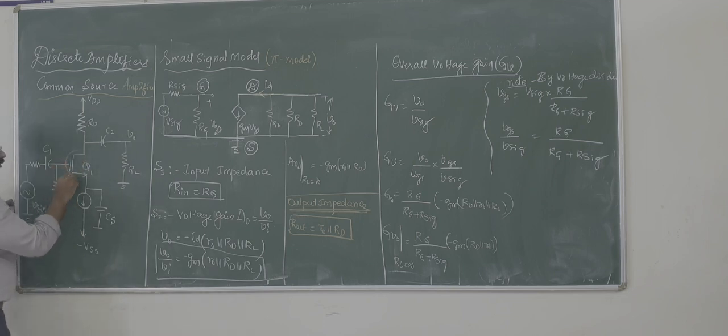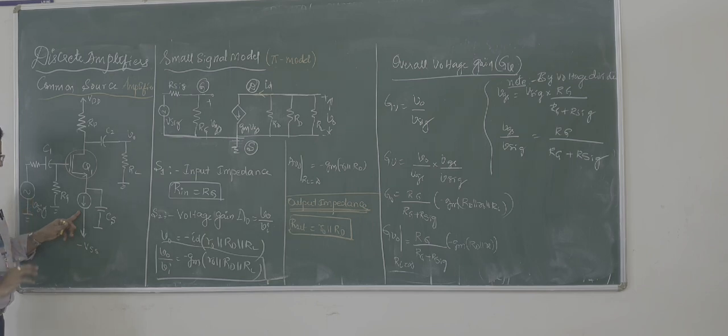You have Q1 transistor. Q1 transistor is biased by making use of a constant current source. We have studied different types of biasing. Out of that, constant current source biasing is most eminent, because the Q point is not going to shift.